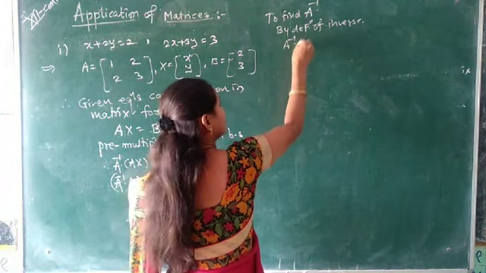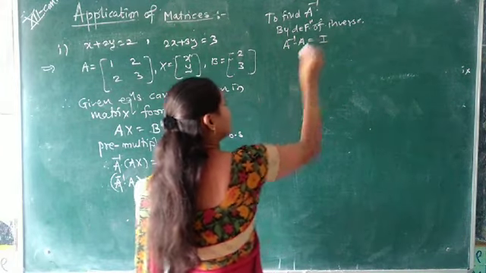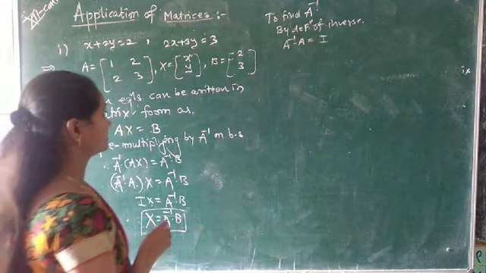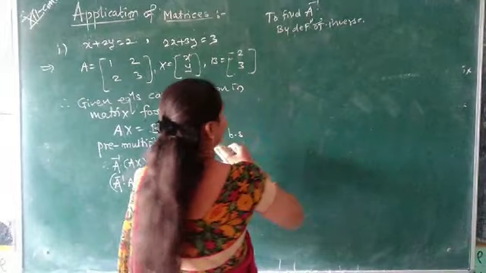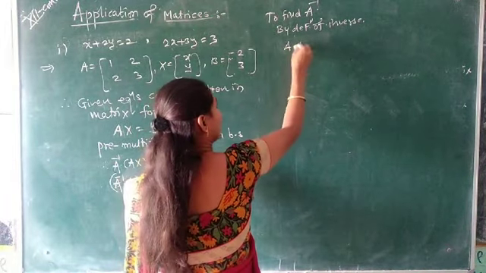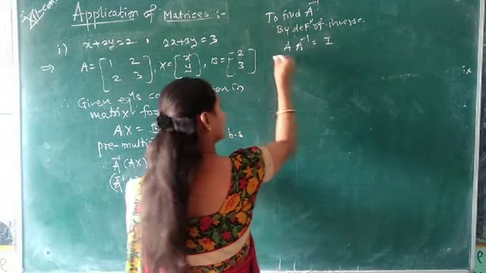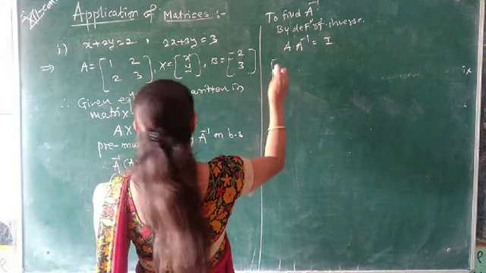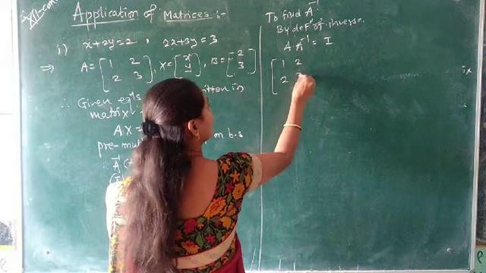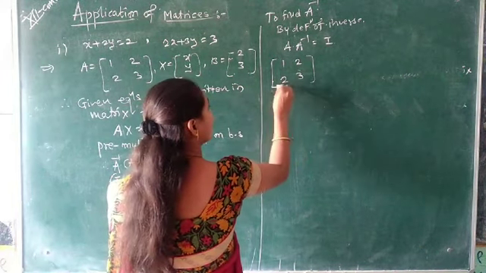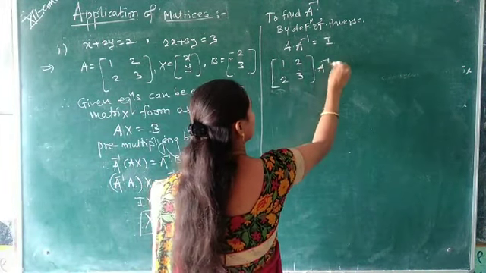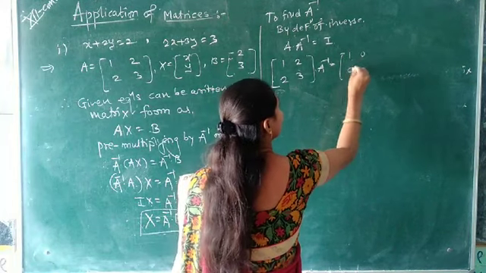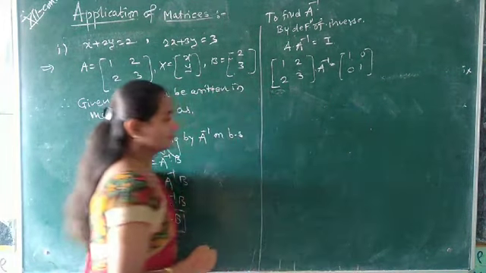A inverse into A is equal to identity, A into A inverse is equal to I. So what is A? A is 1, 2, 2, 3, into A inverse is equal to identity 1, 0, 0.